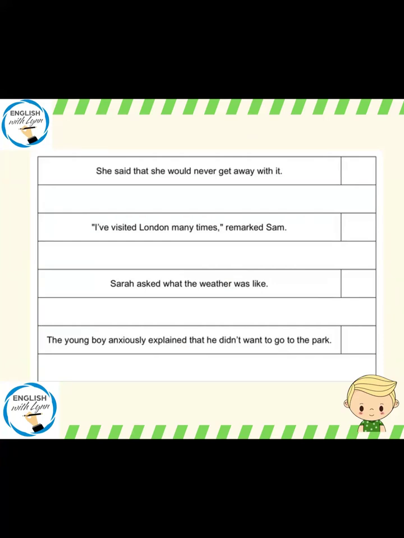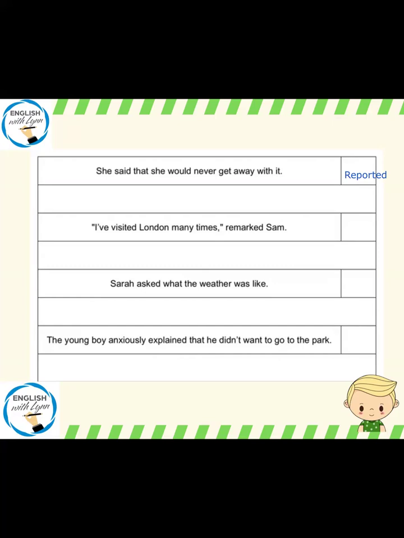speech. And we need to think about how we are going to change it to direct speech. And what we need to think about is, she said, so that is my reporting clause. That bit stays the same. Now, I don't need the that in there.